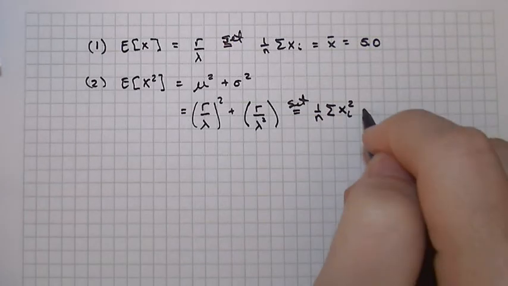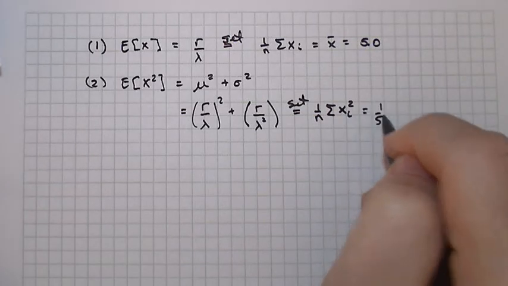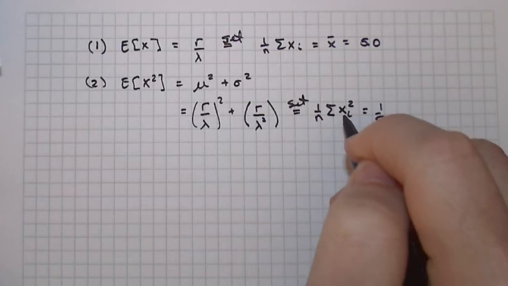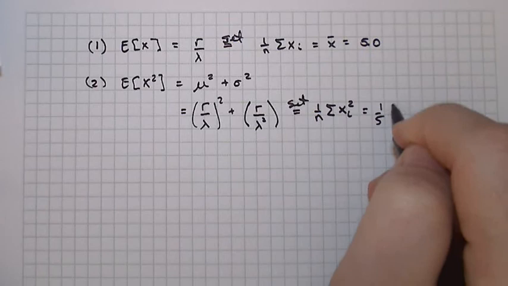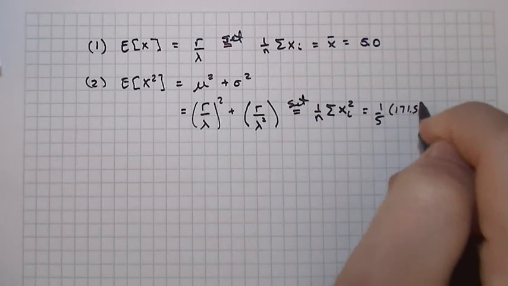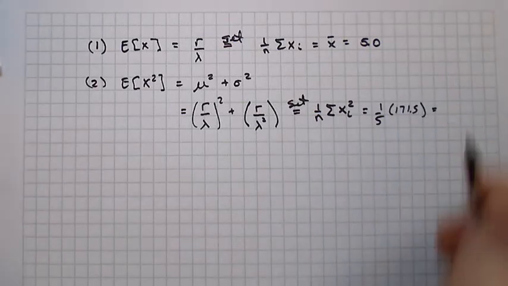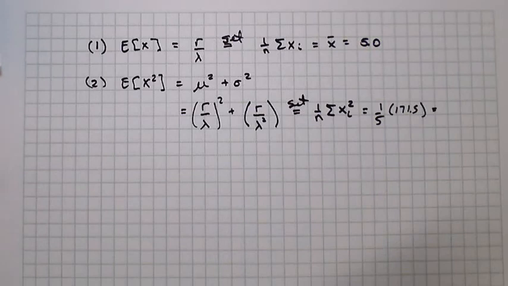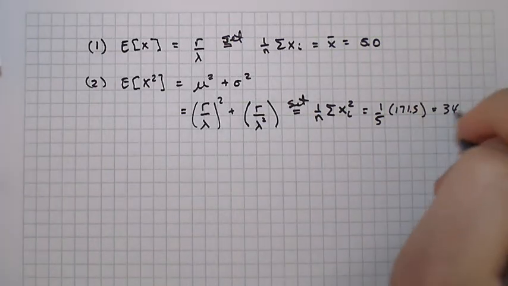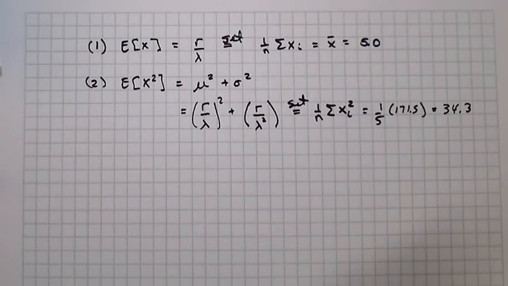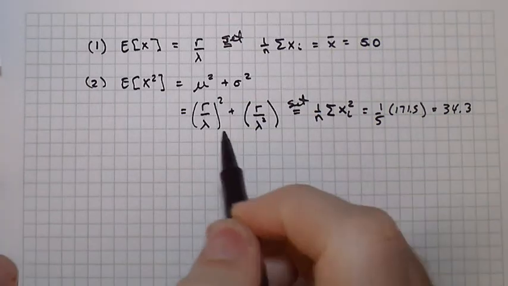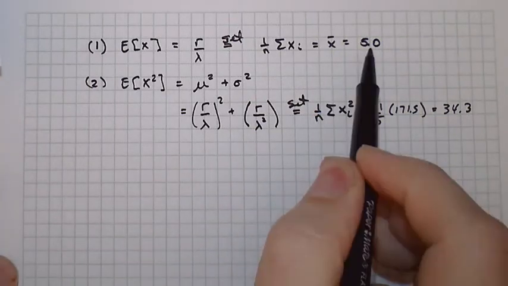Here that'd be 1 over 5, and then we take each of the individual values of x that we observed, square them, sum them up. That turns out to be 171.5, and that then is 34.3. Right, so now we have two equations and one unknown.